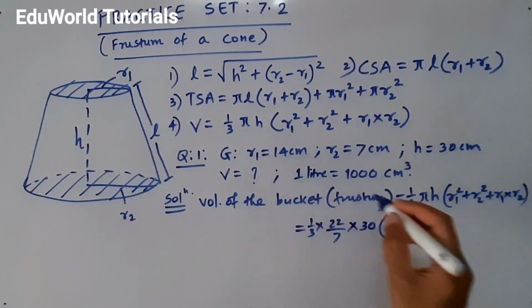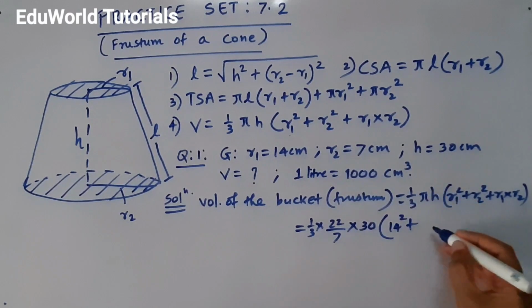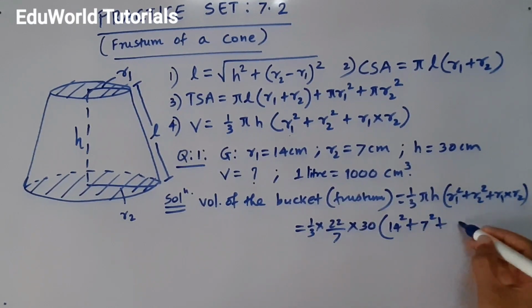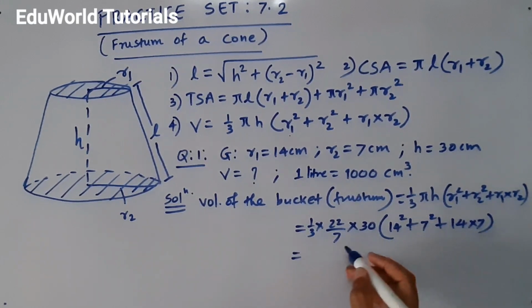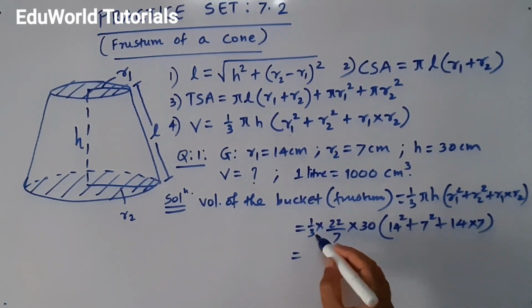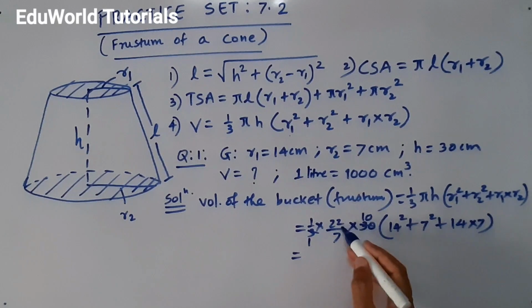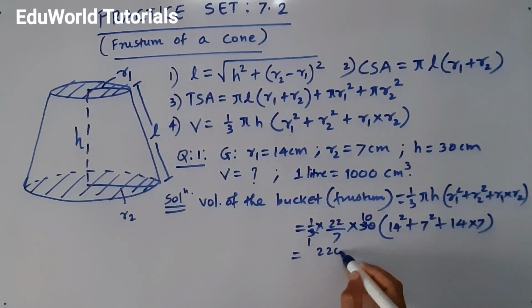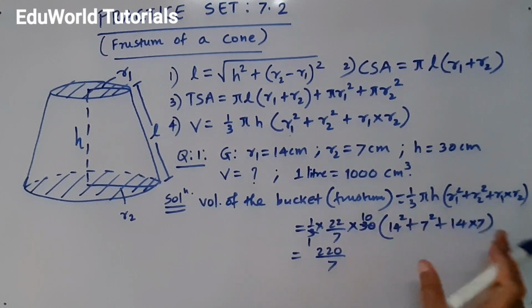First radius squared, that is 14 squared, plus second radius squared, that is 7 squared, plus the product of the two radii, 14 multiplied by 7. Let us try to solve this as simply as possible. So we can cancel here. 3 tens are 30. So now we have 22 tens, that is 220 upon 7. I multiplied the numbers outside the brackets.